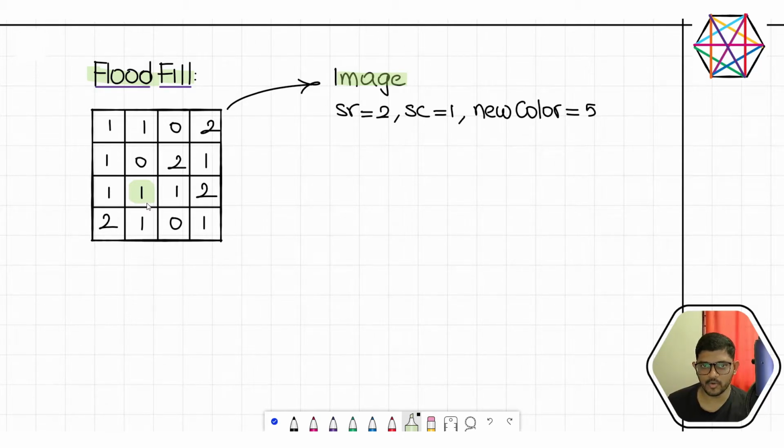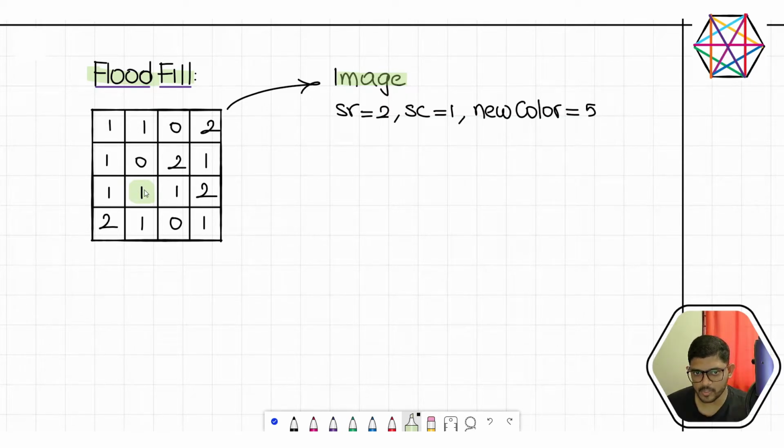Now what are we supposed to do? How does this flood fill logic work? So this is the given cell, the starting cell. Whatever is its color, here it happens to be 1. It can be any color, like I told you before, colors are nothing but numbers here. In this particular problem, we are not actually dealing with the colors.